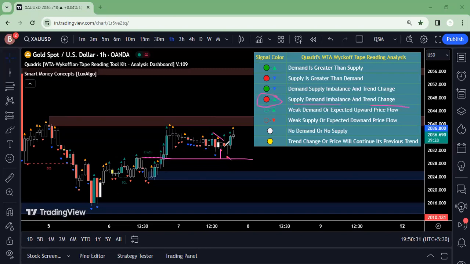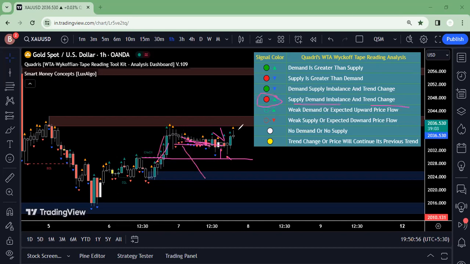in the previous video which I discussed in terms of ICT and Wyckoff interpreting toolkit, I explained if we see this kind of thing, what is the previous price movement? Is it in an uptrend, or is it in a sideways market, or is it consolidating, or is it moving upwards, or is it moving downwards?